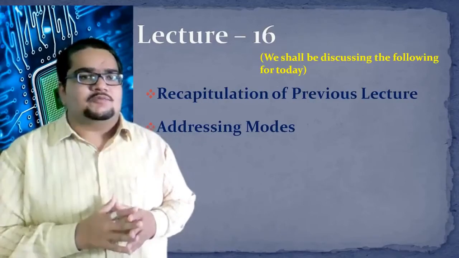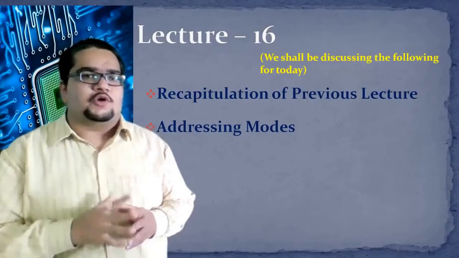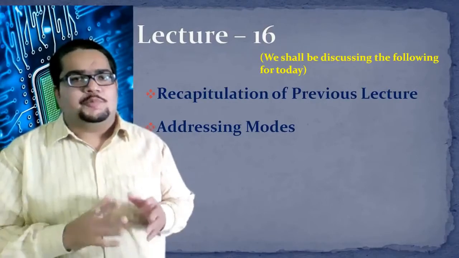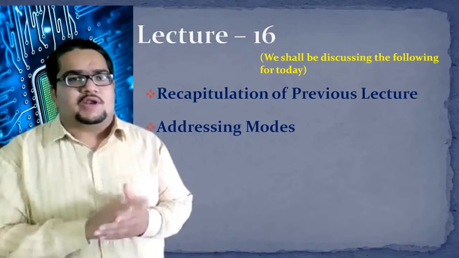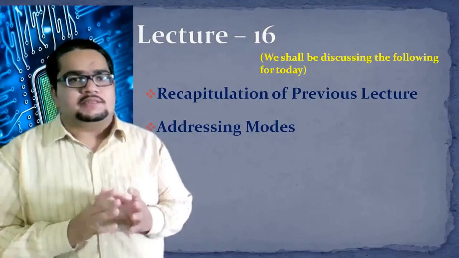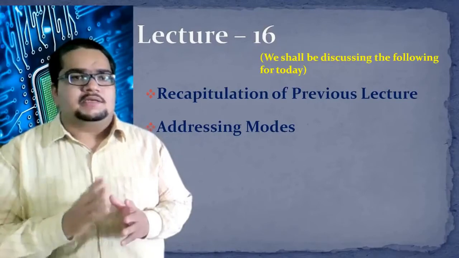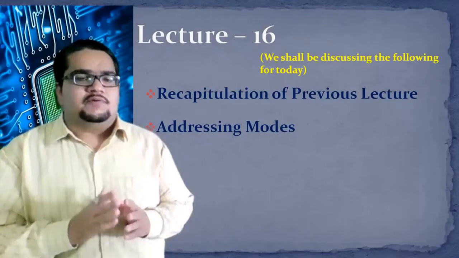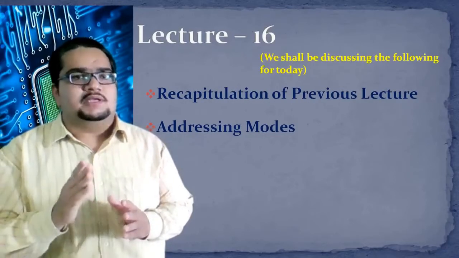And immediate addressing mode is calling you directly, without taking your name or your roll number, as if you are available right there. Hope you understand this analogy. Immediate addressing mode is calling you directly as you are available in front of the person, the direct addressing mode is calling you by your name, and the indirect addressing mode is calling you by your roll number, whereas your roll number is associated with your name and your name is associated with you.